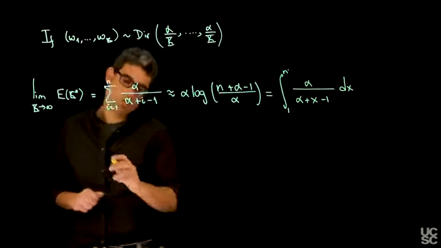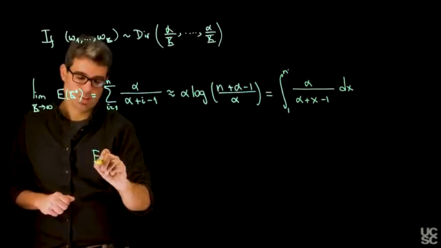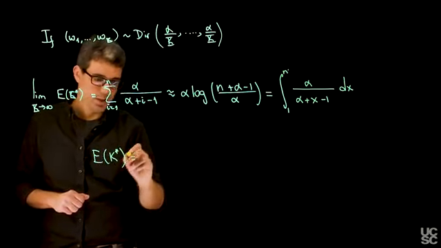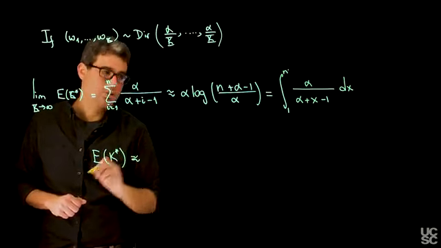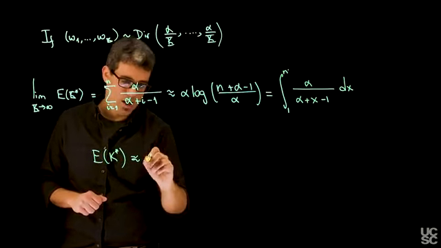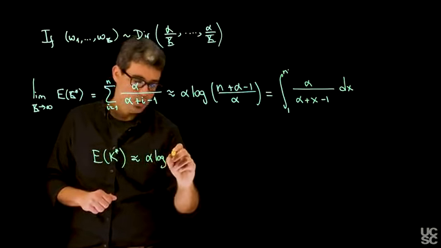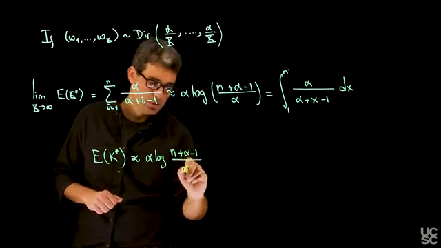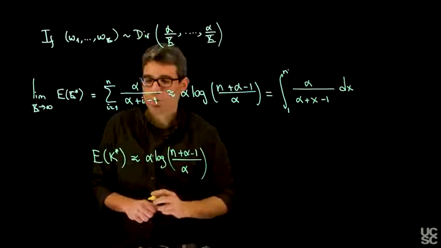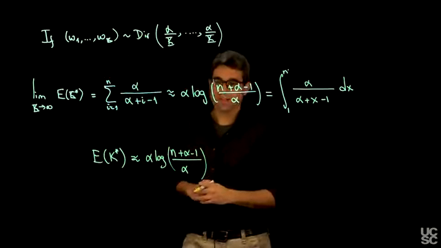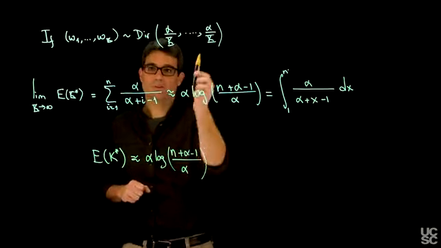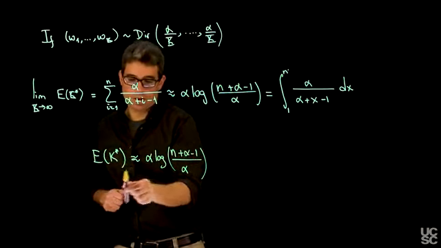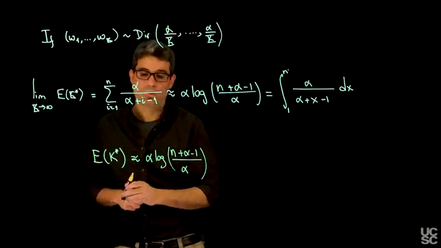But now that we know that the expected value of K star is at least approximately equal to alpha log n plus alpha minus 1 divided by alpha, we have a way to elicit the value of alpha that we want to use for our model if we have a way to elicit an expected value for the number of occupied components.